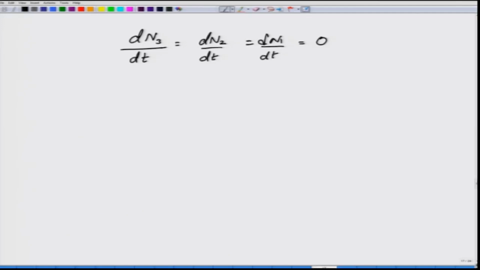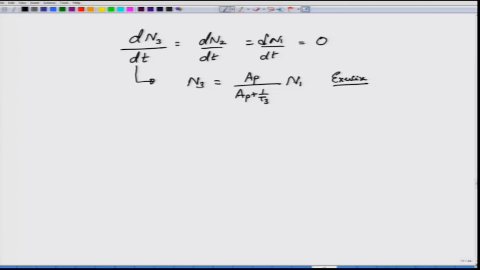When you set the first one to 0, what you will find is that you can write down n3 in terms of n1. So, you will have n3 equals AP divided by AP plus 1 by tau 3 times n1. This is a simple exercise. You just have to set dn3 by dt equal to 0, and once you have done that, you can get a relationship between n3 and n1.